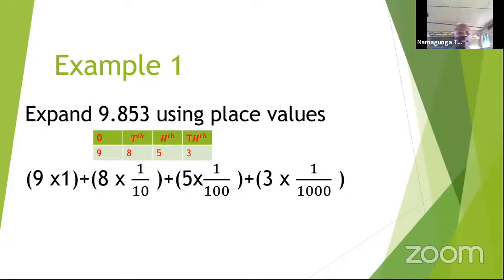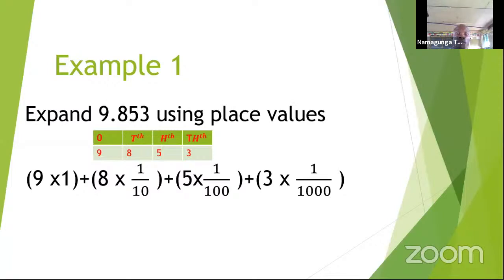So you've seen that to expand, you get the digit. The first digit is 9 and its place value is ones. Taking us back to the table, the numerical value for ones is 1. That's why we are multiplying 9 times 1. The next digit is 8 times its place value, tenths, where tenths means 1 out of 10.